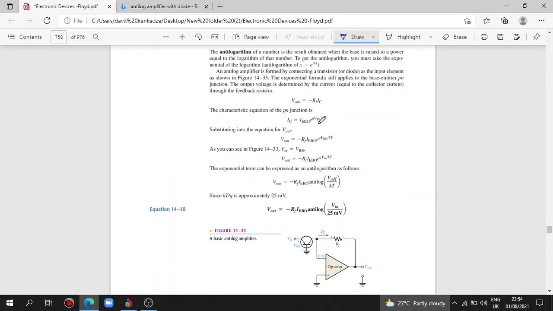Vout is minus RF IC. Yes, that's right. The characteristic equation of the p-n junction diode gives IC. The current here is the same as here, because we have a virtual ground again.